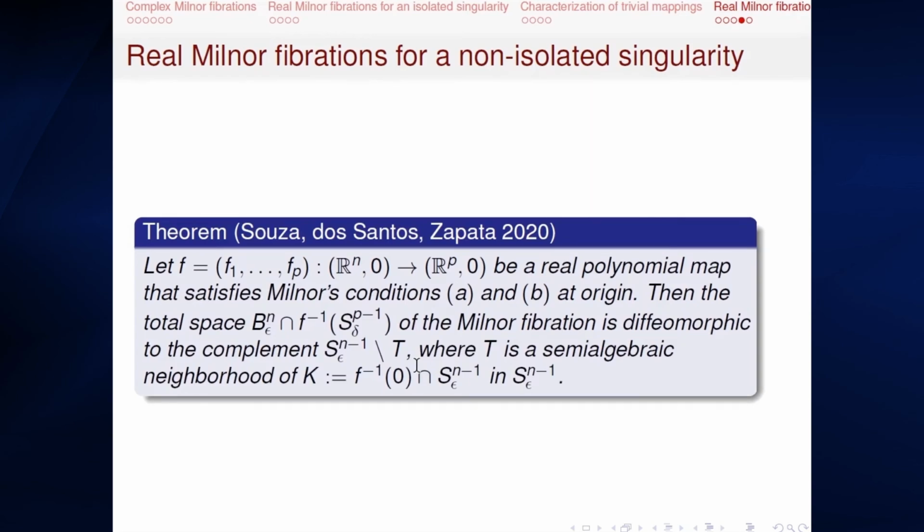In 2020, Souza, Santos, and Zapata are working on a preprint to obtain topological data about fibrations under Milnor's conditions A and B. At the moment, we have the following results.